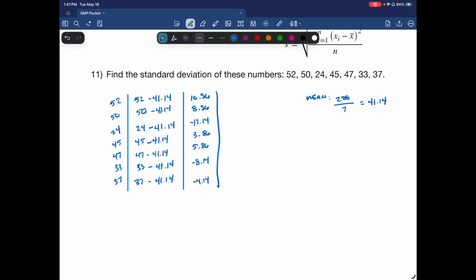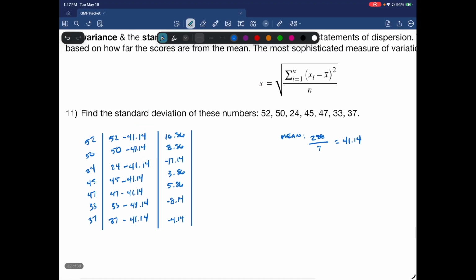Okay, that's the inside, the top part. Now we're going to square this. That gives me 117.94. The next one gives me 78.50. Then we get 293.78. Then 14.98. Then 34.34.